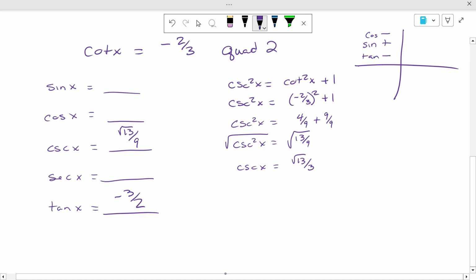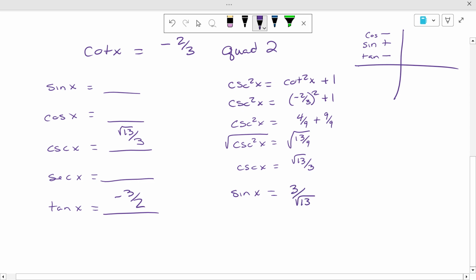So if cosecant is the square root of 13 over 3, then what's the sine of x going to be equal to? 1 over that, or just the reciprocal, 3 over the square root of 13, right?